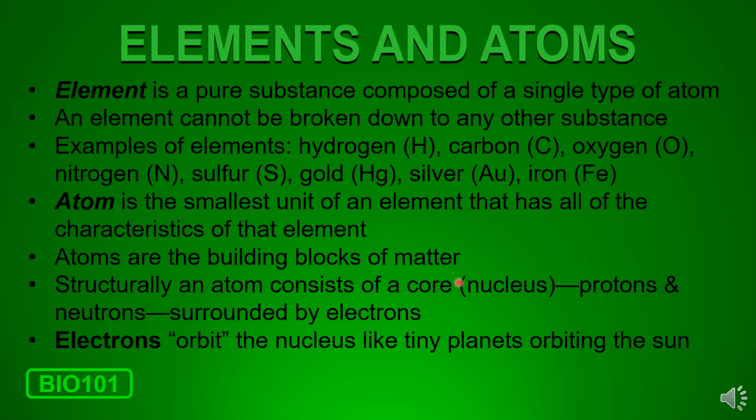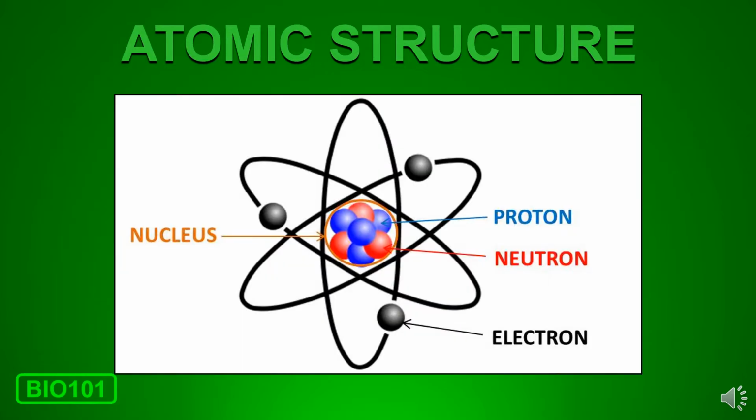And so structurally, an atom consists of a core. We call that the nucleus, and the core is made up of protons and neutrons. We'll differentiate them in a minute, surrounded by a cloud of electrons. Now, electrons orbit the nucleus like tiny planets orbiting the sun. And we'll see that in the illustration that I have to show you. Here's the basic atomic structure of a generic atom.